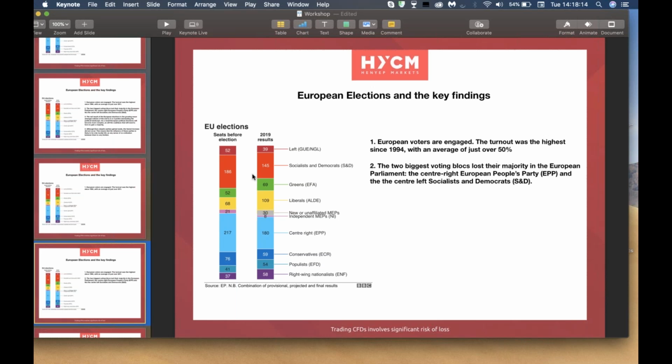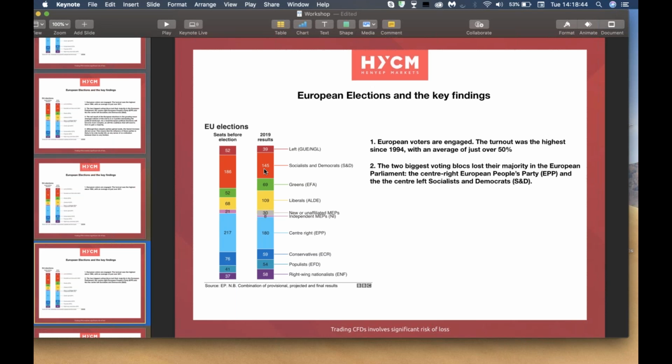Now, the 2 biggest voting blocs lost their majority. The 2 biggest voting blocs are the centre-right, called the European People's Party, the EPP, and the Socialists and Democrats Party, the S&D. These were the biggest parties in the European elections, holding the majority before the election. Now they've lost their majority.